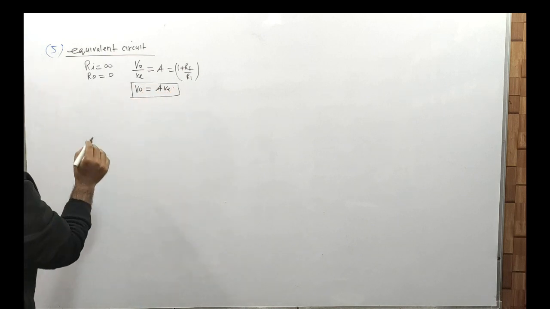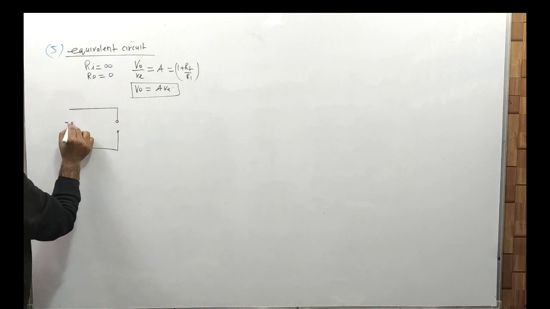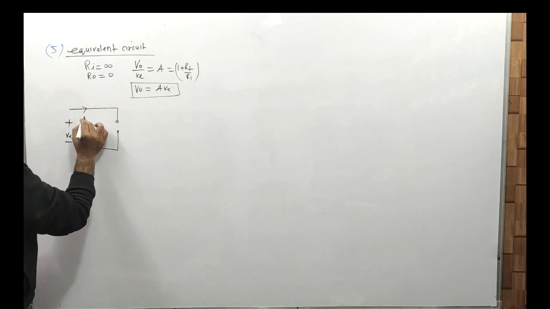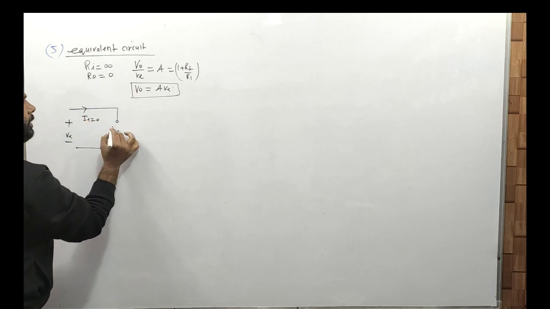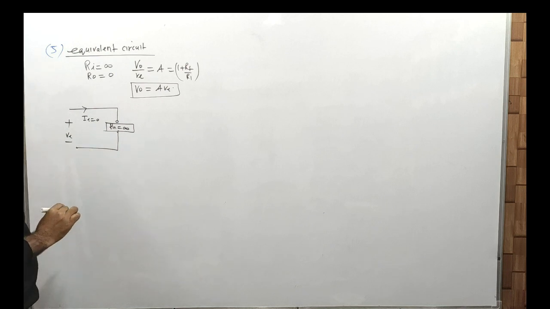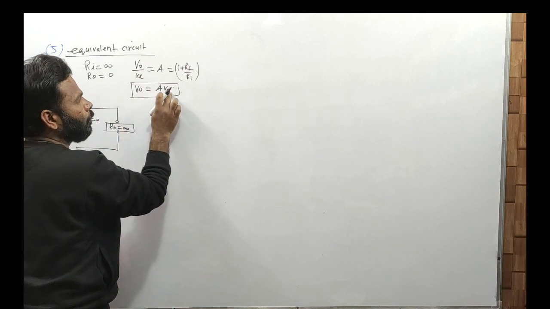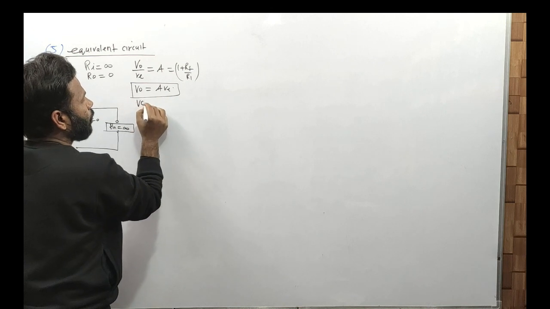तो ड्रॉ करते हैं। इनपुट रेजिस्टेंस कितना है आपका? इनफाइनाइट है, दैट मींस दिस सर्किट इज ओपन सर्किट, सो इट इज VI एंड देन I ऑफ I इज 0, दैट्स व्हाई द R इनपुट इज इनफाइनाइट। ठीक है? नाउ एट द आउटपुट the output depends upon the input voltage, so it is called voltage controlled voltage source.